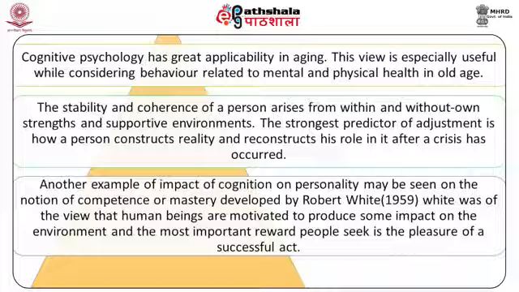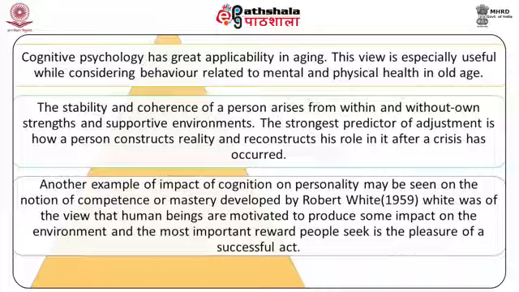The stability and coherence of a person arises from within and without, from own strengths and supportive environments. The strongest predictor of adjustment is how a person constructs reality and reconstructs his role in it after a crisis has occurred.